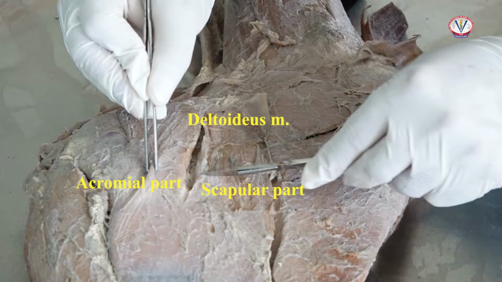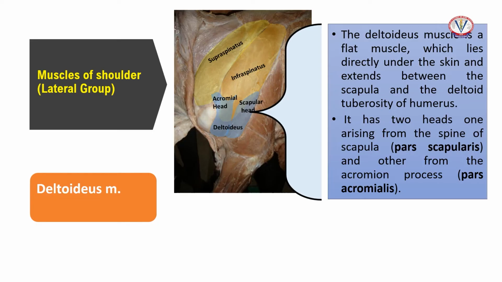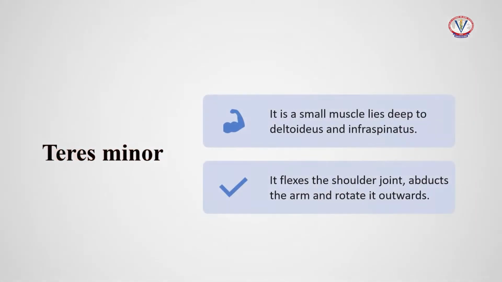Both parts insert at the deltoid tuberosity of the humerus. It is a flexor of the shoulder joint and abductor of the upper arm. The teres minor muscle is a small muscle lying deep to the deltoideus and infraspinatus muscles. It flexes the shoulder joint, abducts the arm and rotates it outwards.